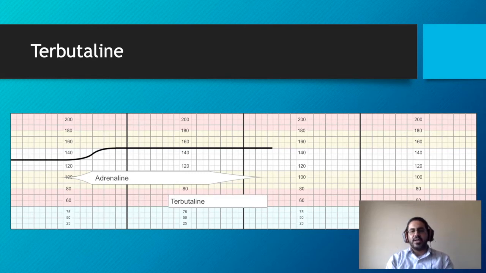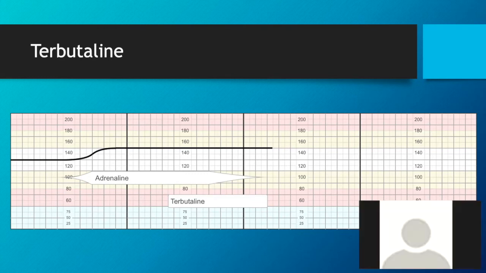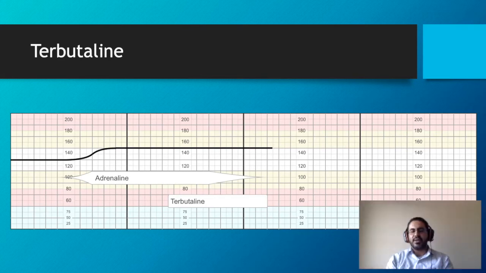Second sign, if the terbutaline is now working and the adrenaline is supposedly going away, the fact that the heart rate stays the same basically tells you that the terbutaline is also working, because now the baby has become tachycardic even though the adrenaline is going away. So the fact that it stays the same is your second sign that terbutaline is working and the baby is getting better. Does that make sense?